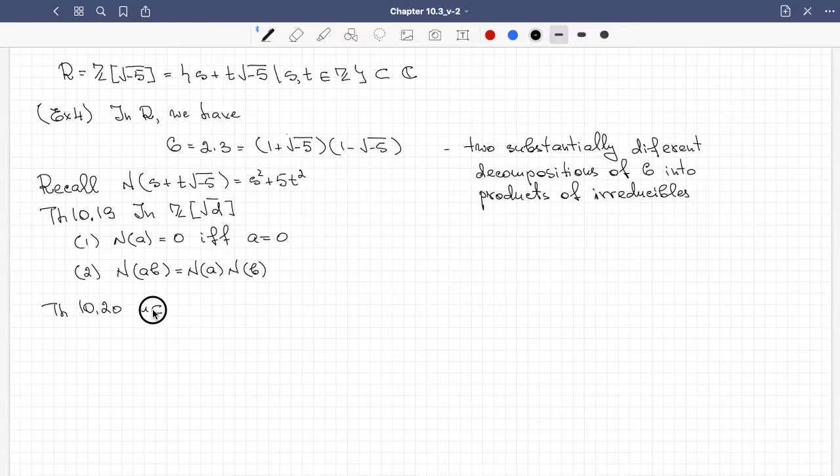U, an element of any such ring, is a unit if and only if its norm is either plus or minus 1.